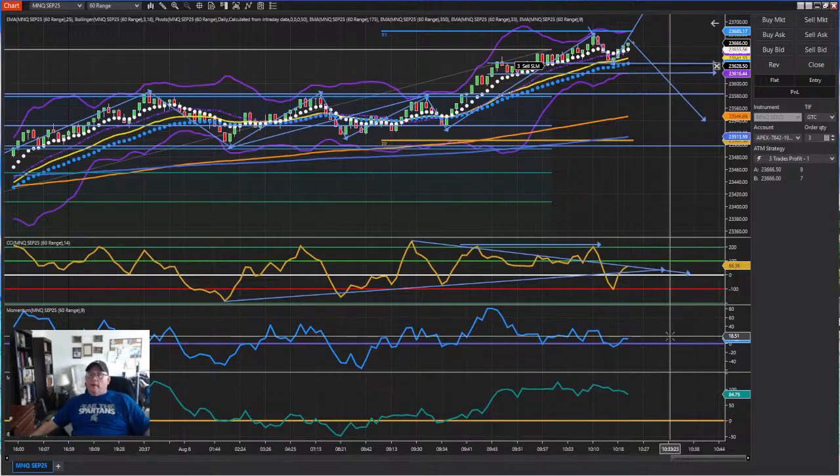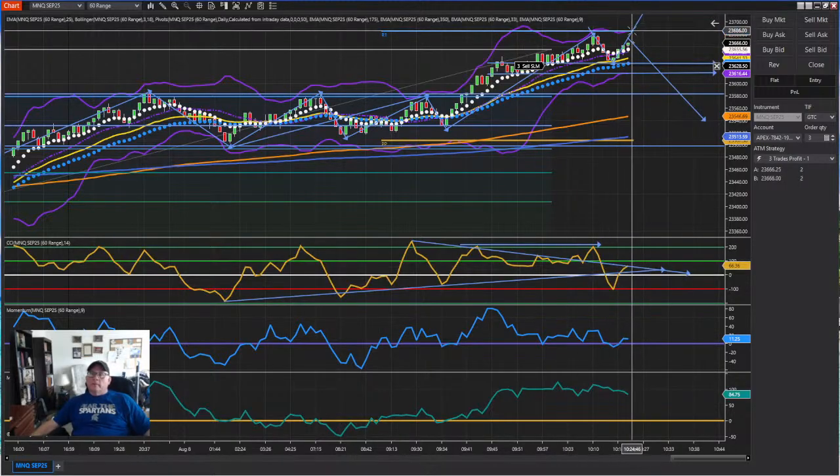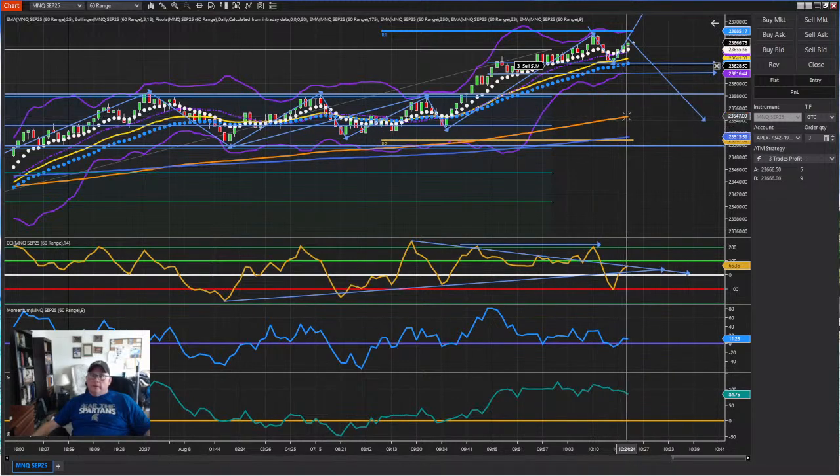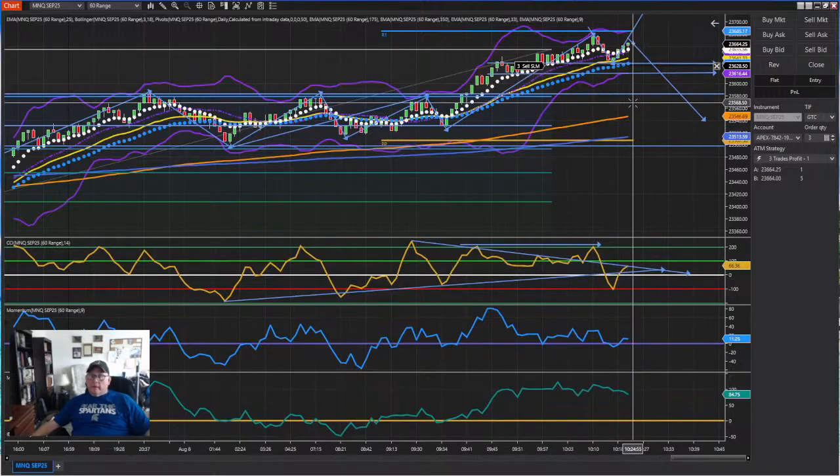I don't want to get caught on this move going R1 back down. I just know that there's people that want to buy down here. They like to see this market come down here and then buy here, here, here.